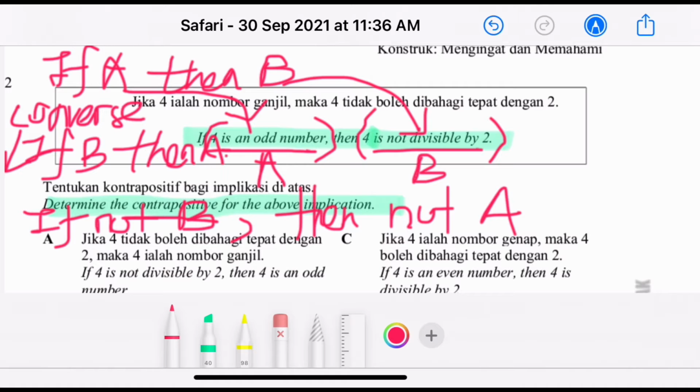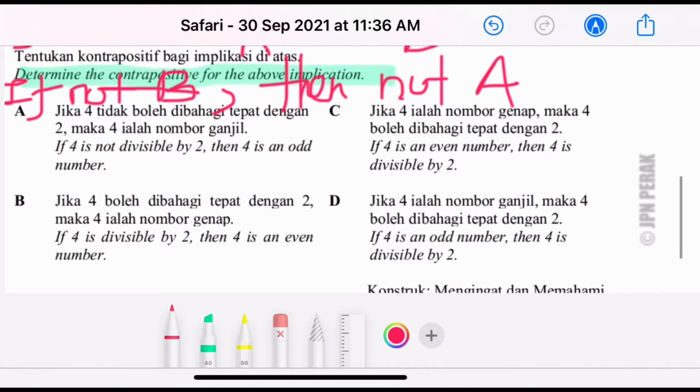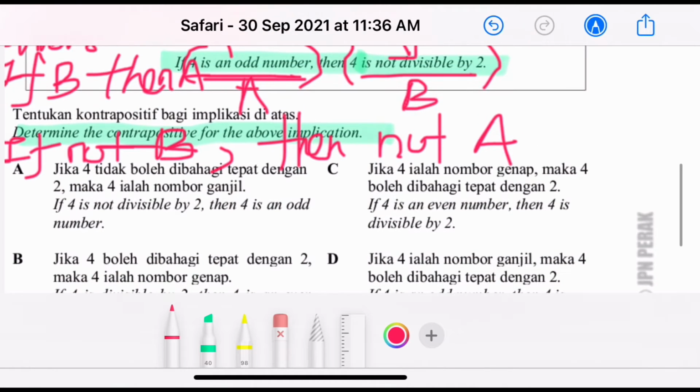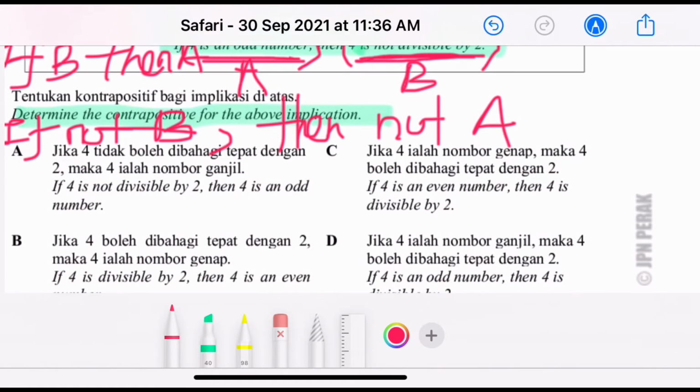If this is 4 is an odd number, when we negate, 4 is an even number. If we negate 4 is not divisible by 2, statement B, it will be 4 is divisible by 2.